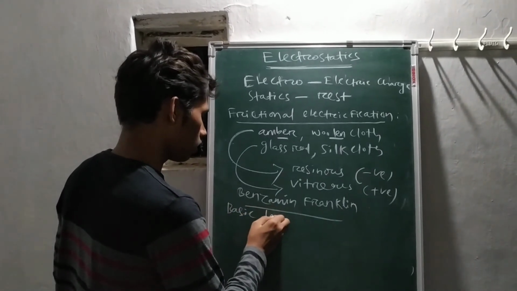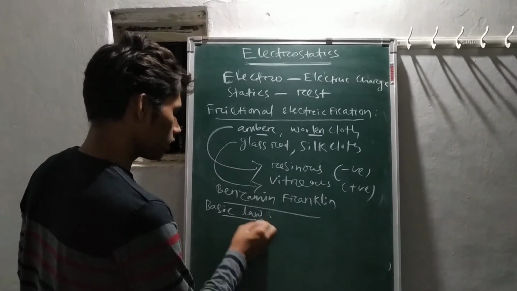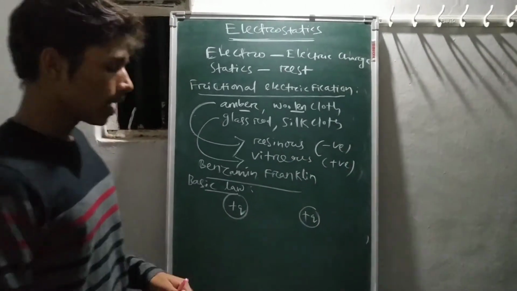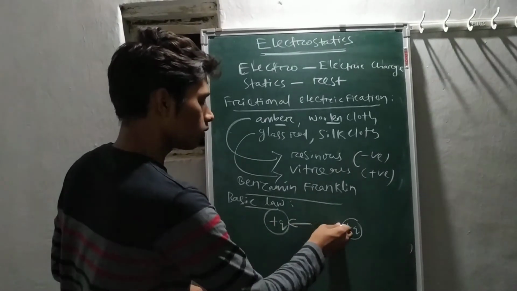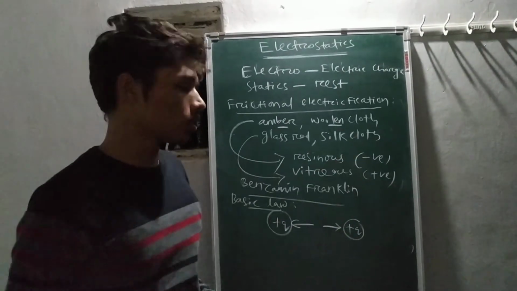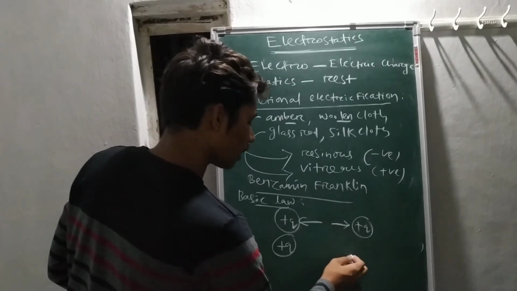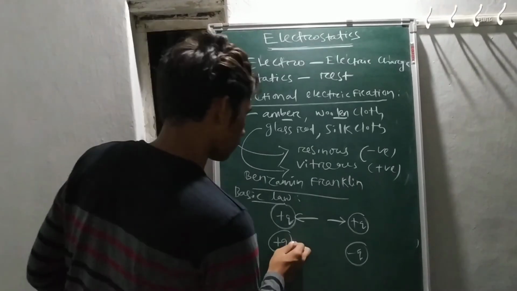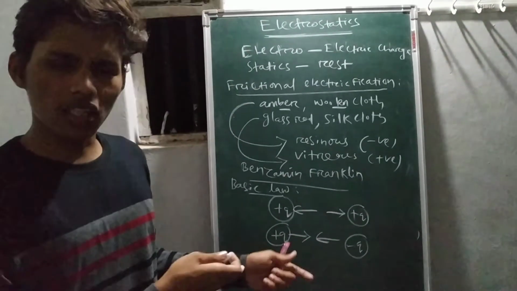Suppose similar charges, plus Q and plus Q. This type of like charge repels each other. And if I consider unlike charges, suppose one is positive and another is negative, this type of unlike charge attracts each other. These are the basic laws.